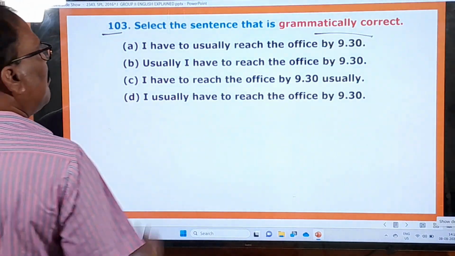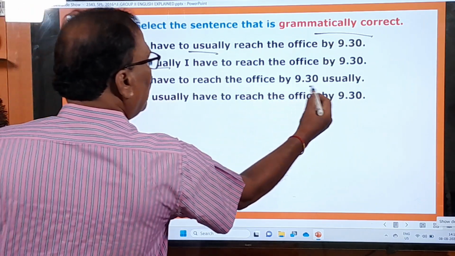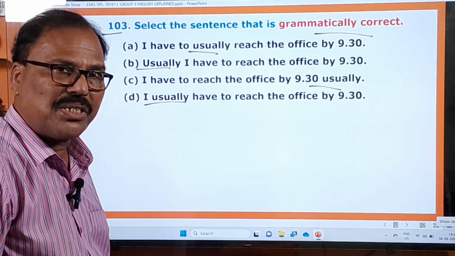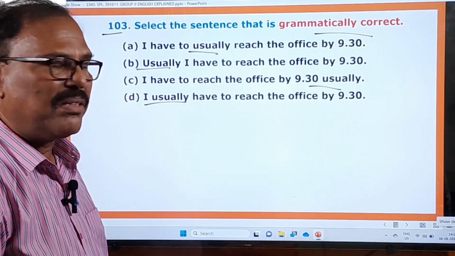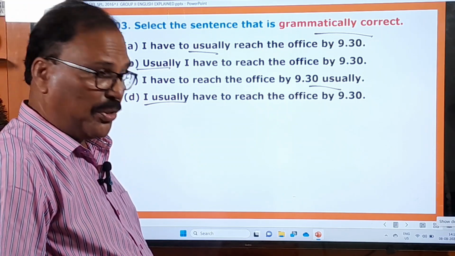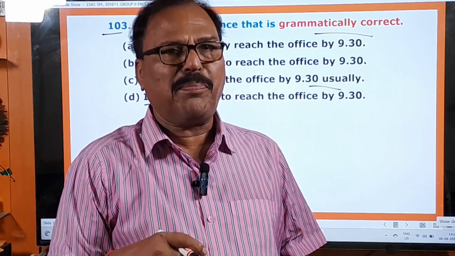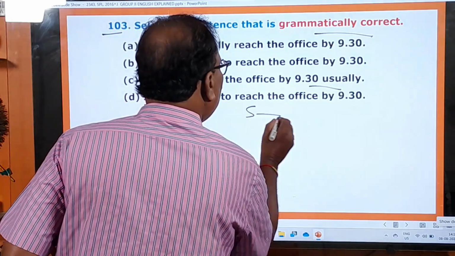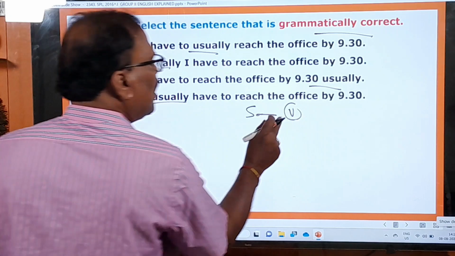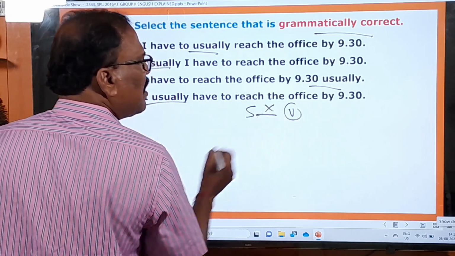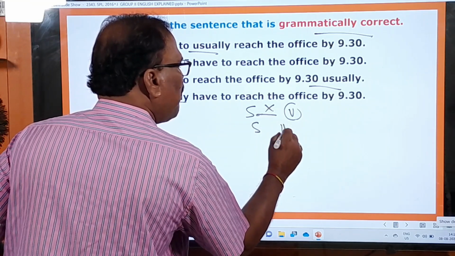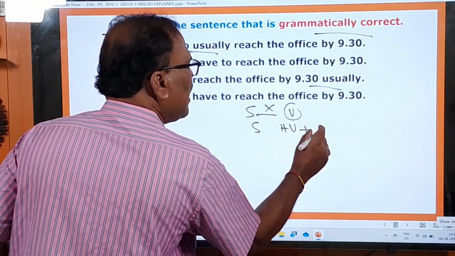This word usually is given in all these examples. Usually, always, sometimes, rarely, seldom, these are all adverbs, and they are used in the mid position. Mid position means between the subject and the verb, if it is only a verb, or between the subject, helping verb, and main verb.